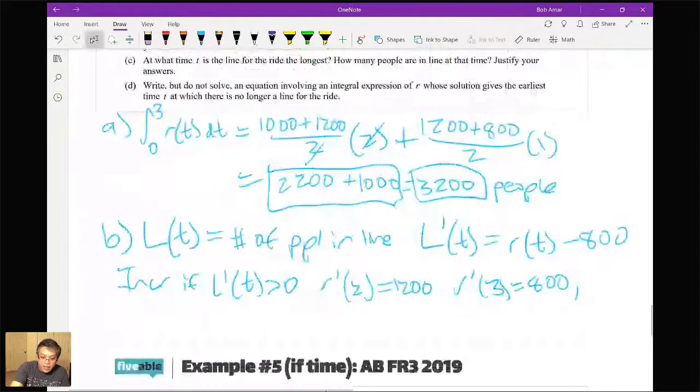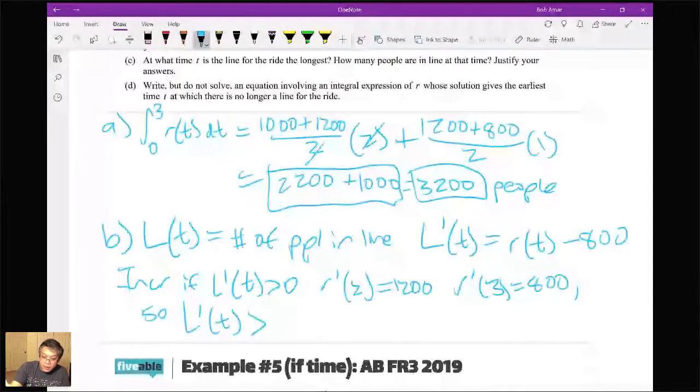So L prime of t is strictly decreasing. I'm trying to think of what I want to say here. L prime of t, I'll say it like this: 0 less than L prime of t less than 400 on 2 to 3.